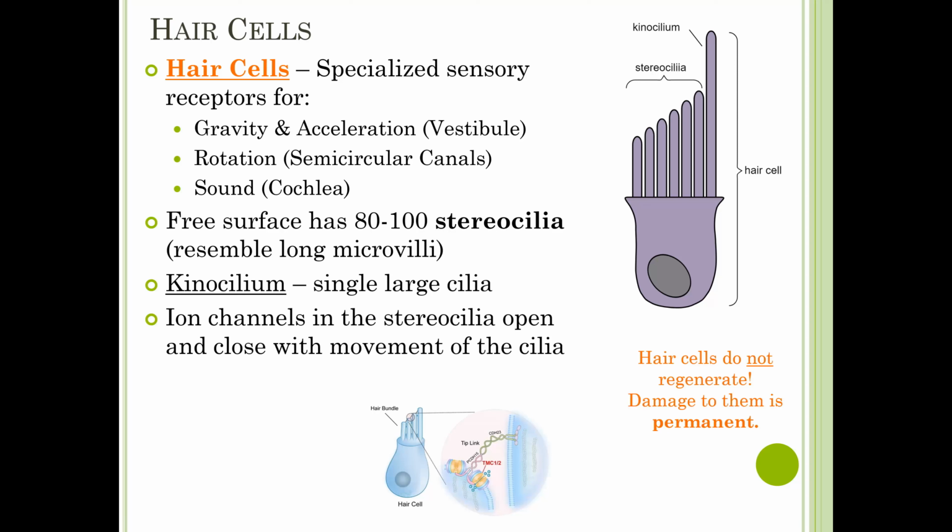Remember, the whole goal of sensory systems is to transduce a stimulus into an electrical potential. So hair cells transduce equilibrium and hearing information by moving the cilia and opening these ion channels. So the movement is going to cause a graded receptor potential within the hair cell.